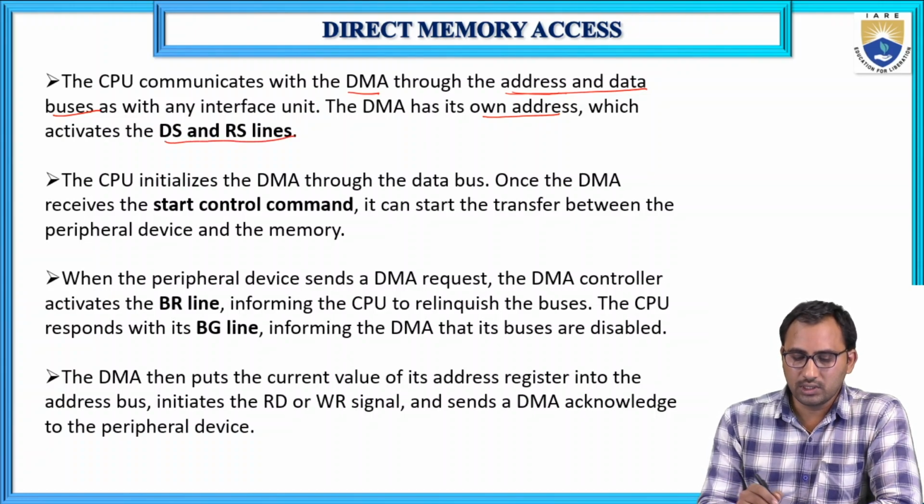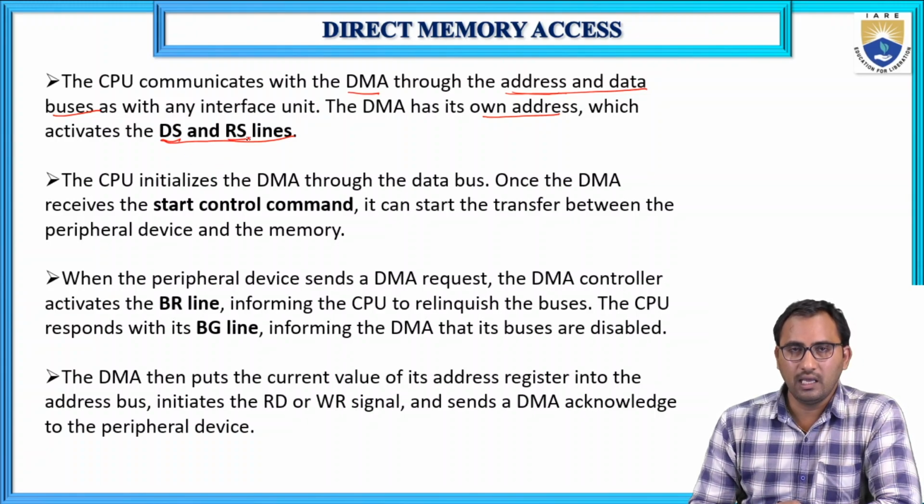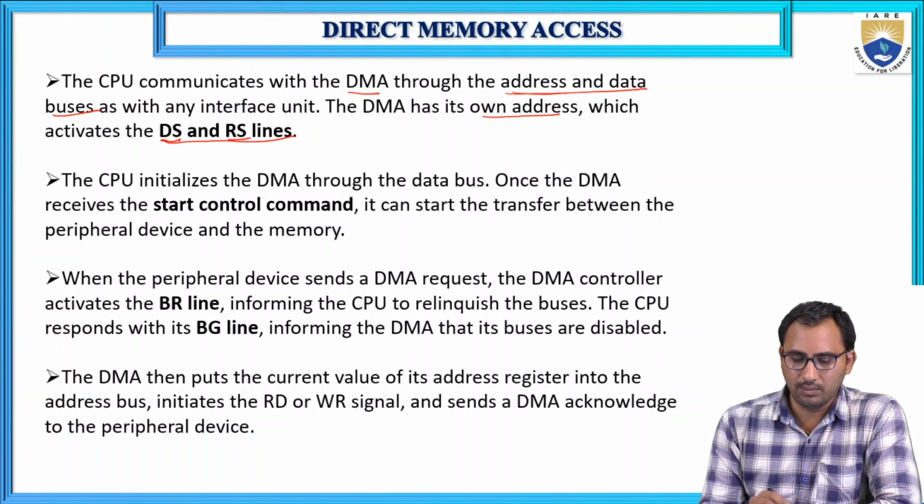So using this DMA select line and register select line, we can select that particular DMA chip or DMA controller. So the CPU initializes the DMA through the data bus. Once the DMA receives the start control command, it starts the transfer between the peripheral device and the memory.